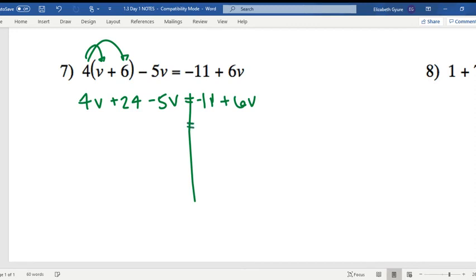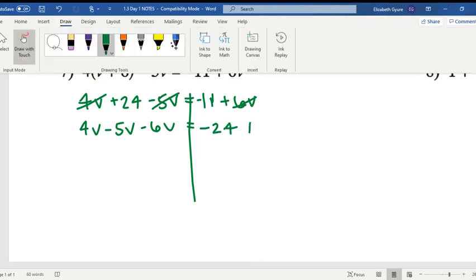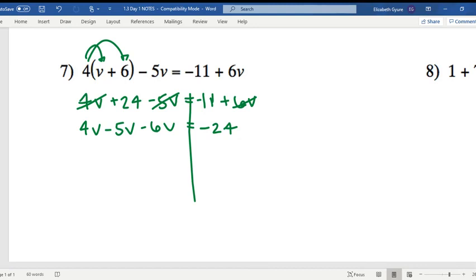Okay, so what variable should I have on the left, Asia? Good, yeah, my 4v is going to stay, my negative 5v is going to stay, and my positive 6v is going to come over and become negative. Good. And then my 24 will move over and become negative, and my negative 11 will drop down and stay a negative 11.